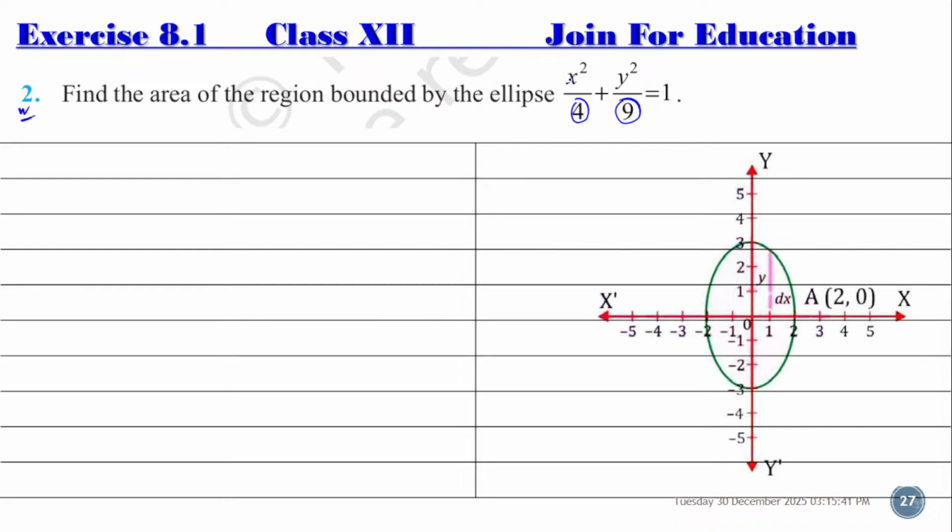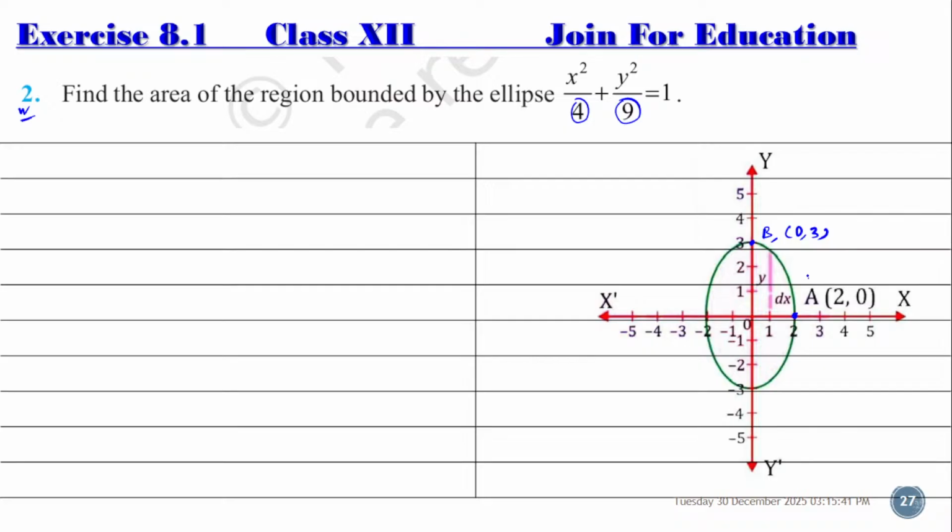When x equal to 0 then y will be 3. So the coordinate of this point, suppose this is B, when x equal to 0 then y equal to 3. And when y equal to 0, then x equal to 2.